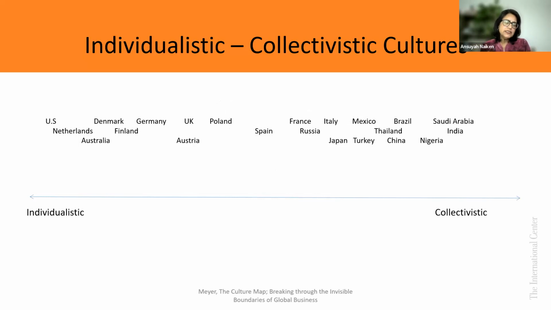So what this means is, if you look at the countries on the left-hand side of your slide, the individualistic cultures, these are cultures that put a lot of focus on the individual. So individuals are encouraged to be independent. Here in the US is actually one of the most individualistic cultures. And so we encourage our children to go out and be who they want to be.